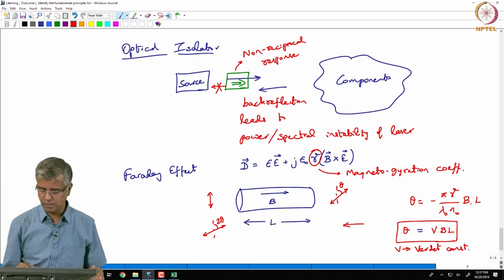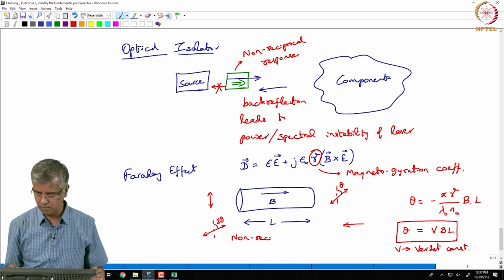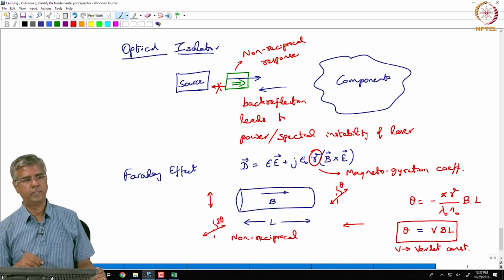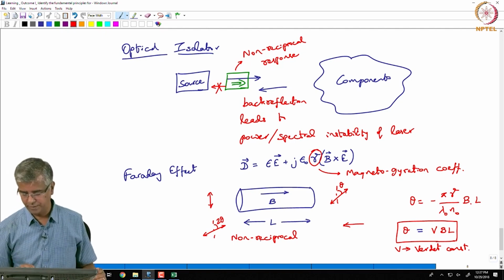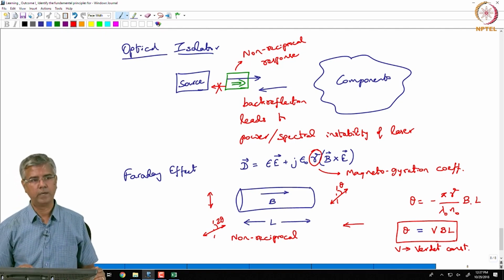This is because of the non-reciprocal nature of the Faraday effect.